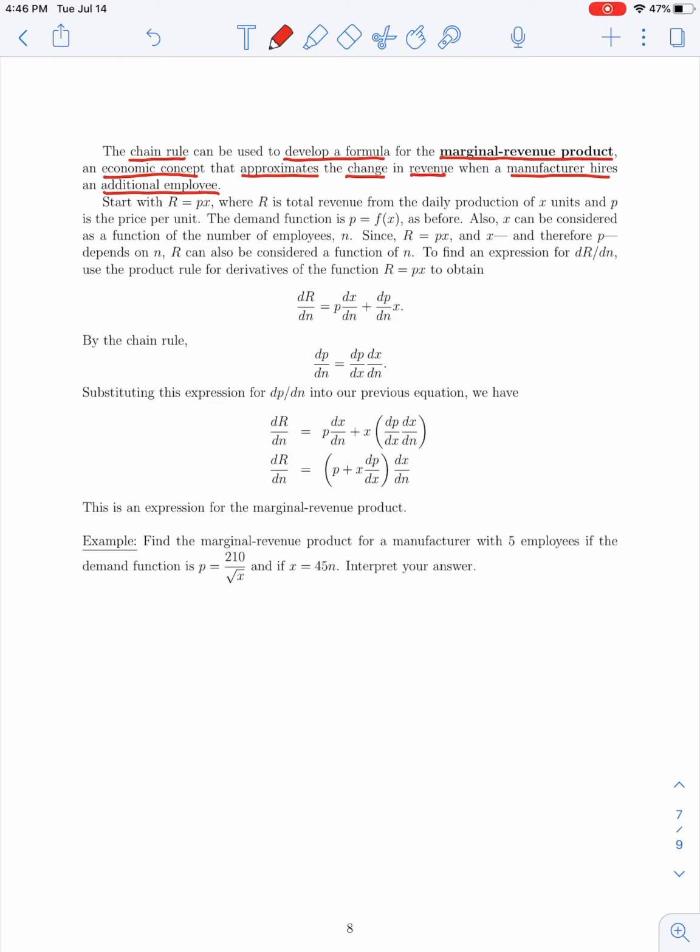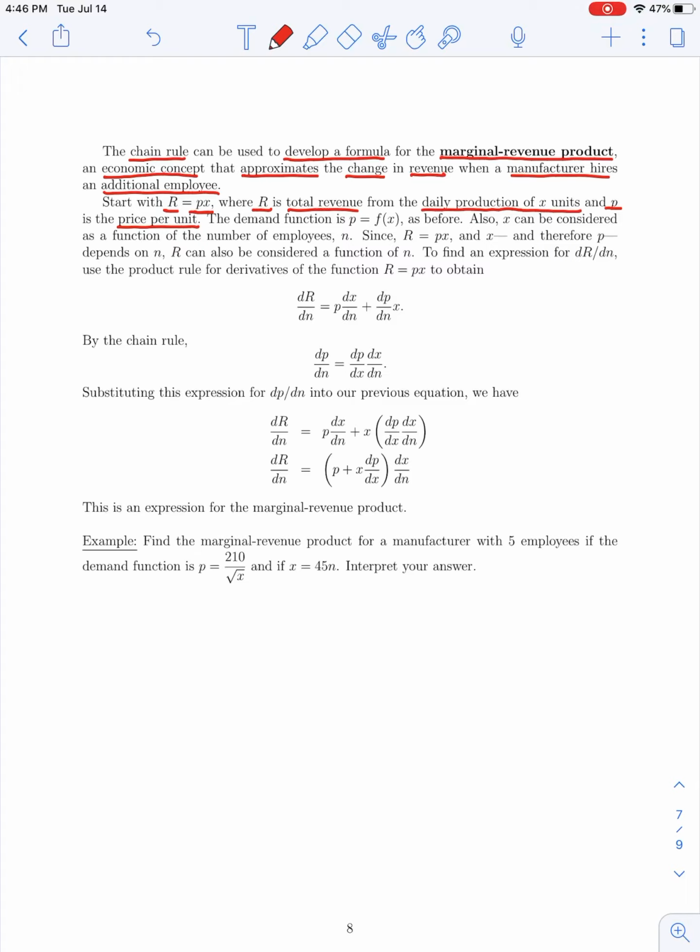So we're starting with the fact that revenue is equal to the price per unit, P, times X, where X is the number of units that we're producing. So here, this expression for R is the total revenue for the daily production of X units, where we're selling these units for a price of P dollars per unit.